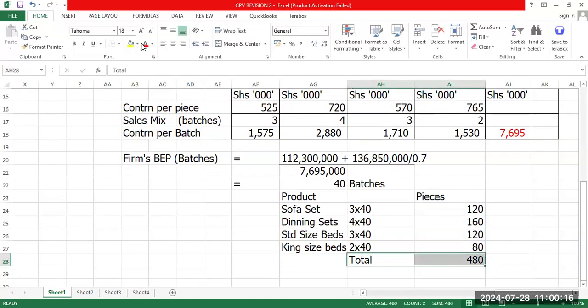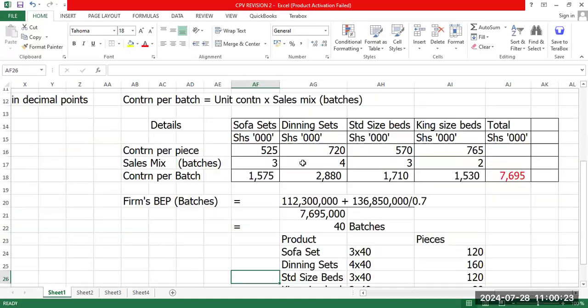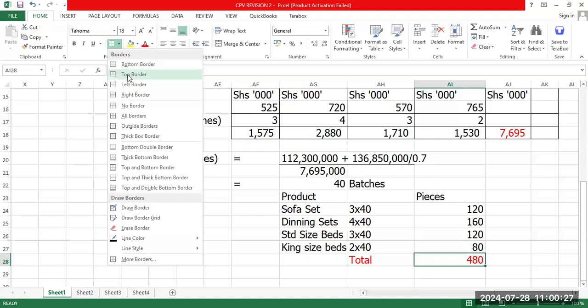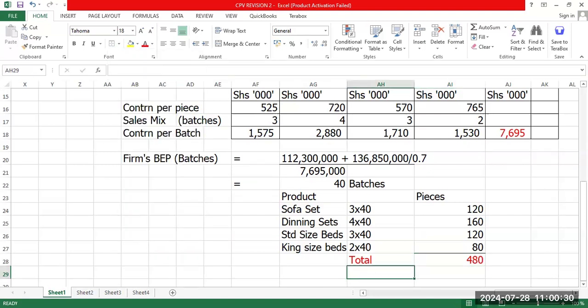Okay, so you see, someone who has used this will still have the same answer at the end. Which one is easier?